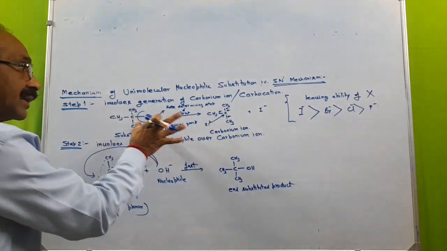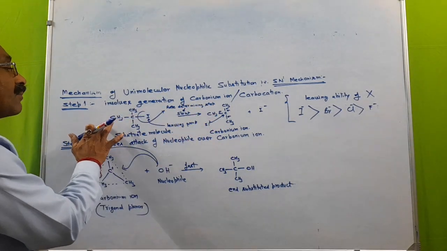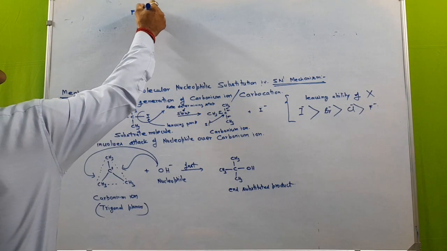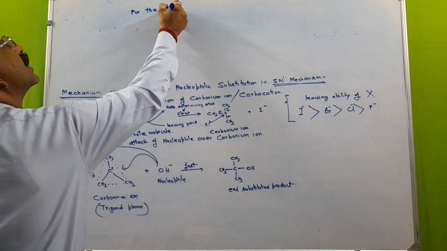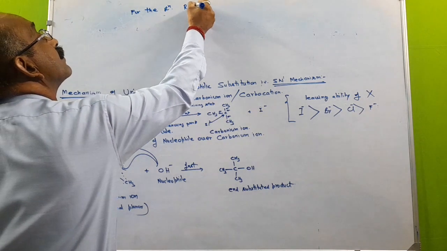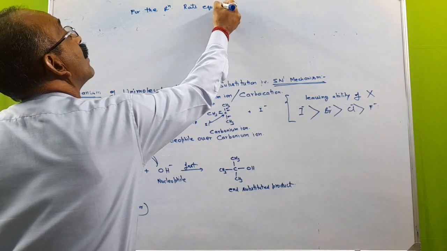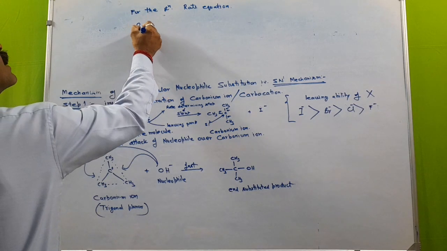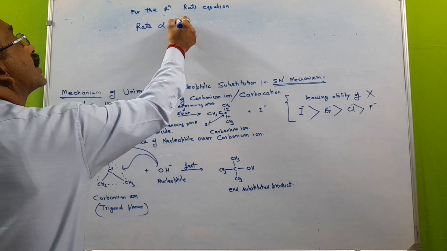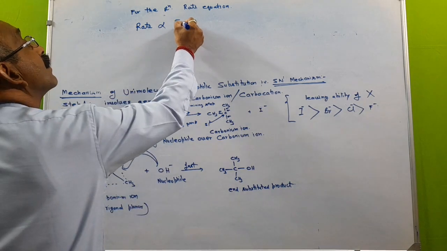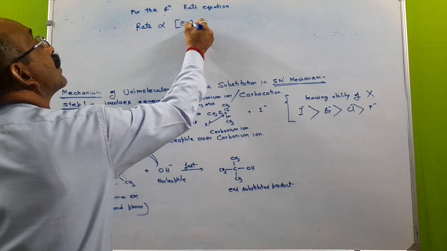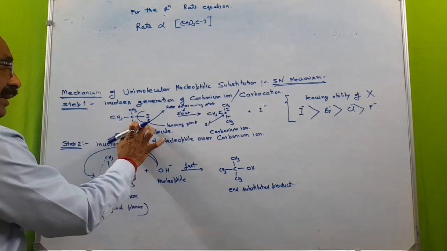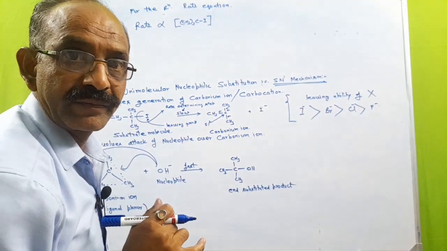And as in the balanced equation I am taking 1 mole of the alkyl halide, the rate equation, or you may call it the rate expression, can be written as the rate proportional to the concentration of the reactant.